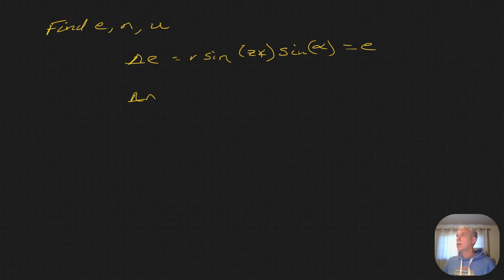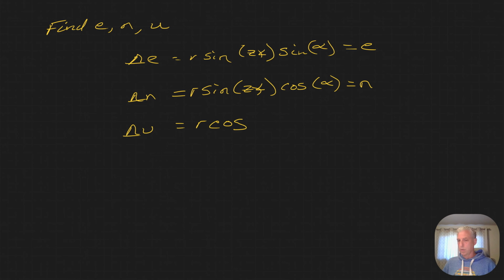And then delta N is going to be equal to r sine of the zenith angle times the cosine of the azimuth. And for the same reason, that's going to be our northing coordinate. And then our delta u equals r times the cosine of the zenith angle. And since we're calling our instrument station 0, then that's just going to be our up coordinate.